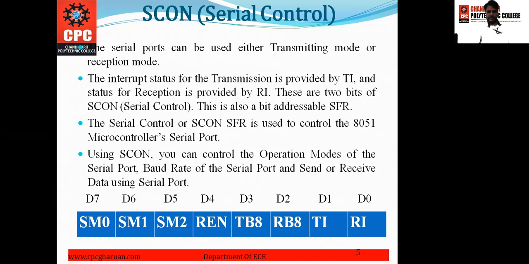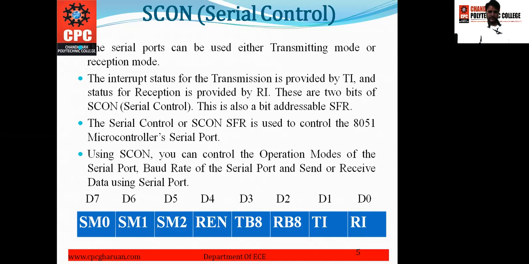Below you can see the serial control register, the SCON register, which is 8 bits in size from D0 to D7. You can see RI is the receive interrupt, TI is the transmit interrupt, RB8, TB8, REN, SM0, SM1 and SM2.